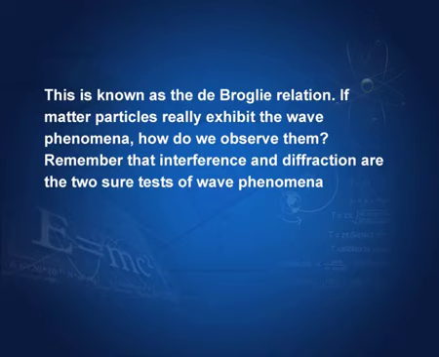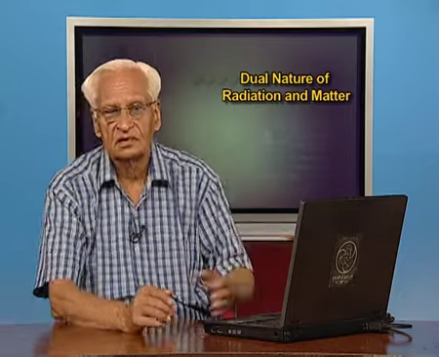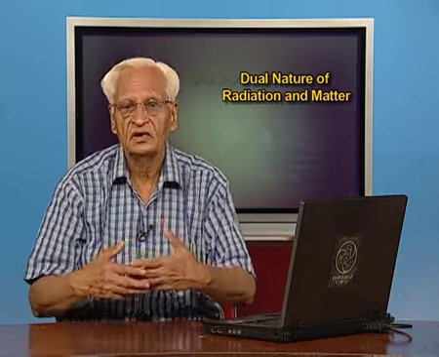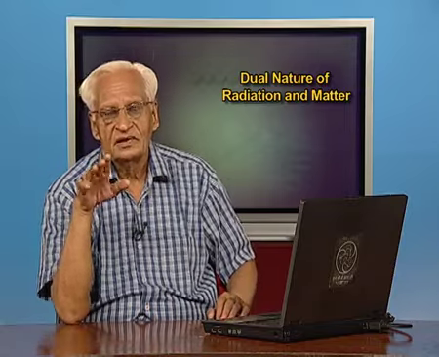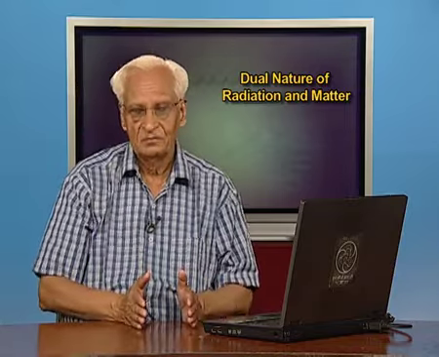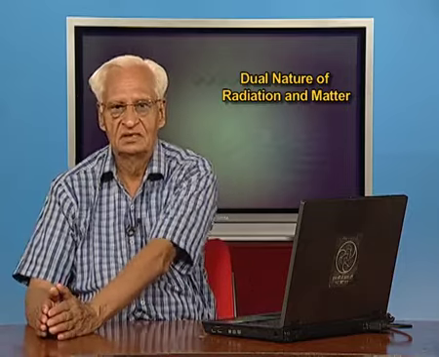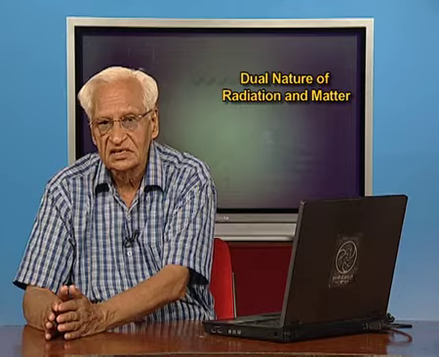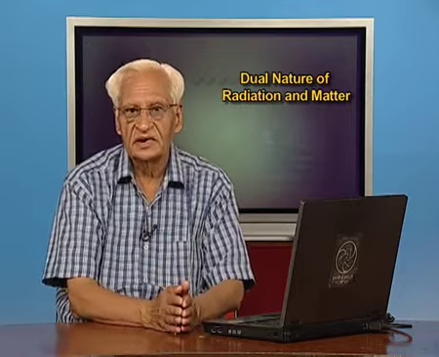So, if matter particles really exhibit the wave phenomenon, how do we observe them? He said that if there are waves, then we must find ways and means of observing them. You remember that once I pointed out that each theory must predict what its consequences can be, and if those consequences are observed, then the theory is accepted.